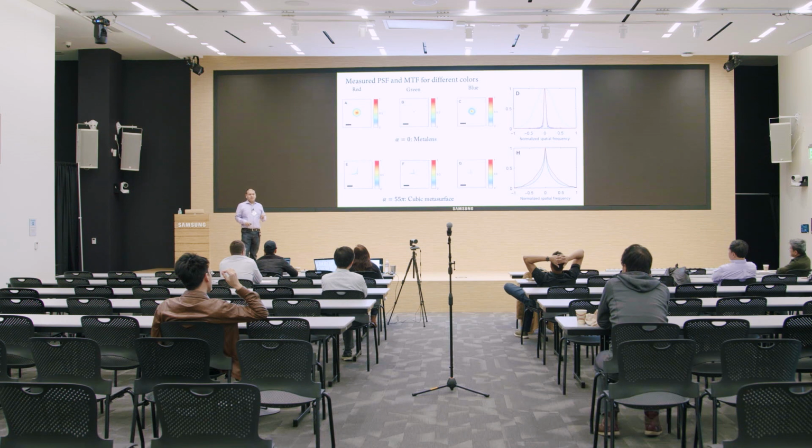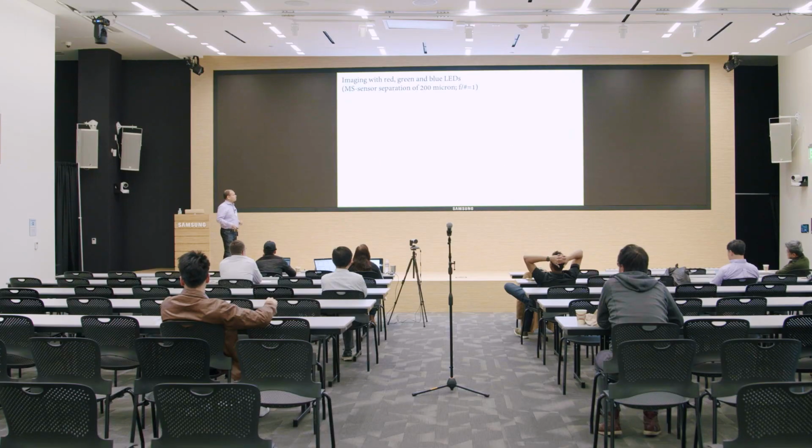Now, zeros are bad because zeros you cannot invert. But in our case, we have a large number of spatial frequencies that we are capturing, and that enables us to reconstruct the image. So there are two important things. One is that the PSF has to look very similar for all the colors, and then the MTF has to have a large amount of spatial frequency components so that you can reconstruct it.